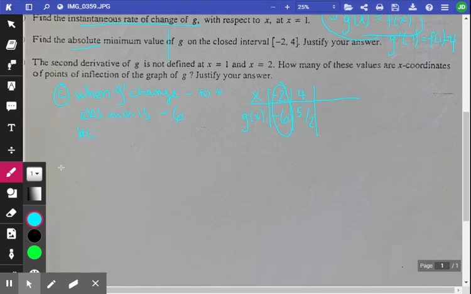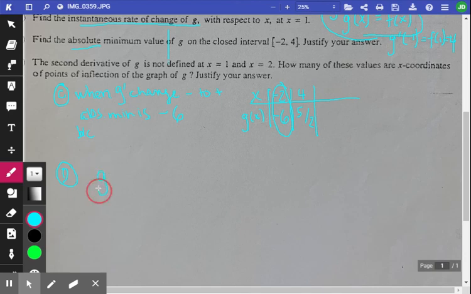Okay, part D. The second derivative of g is not defined at x equals 1 and x equals 2. How many of these values are x coordinates of points of inflection on the graph of g? Justify your answer. Okay, so how do we know if something's a point of inflection?